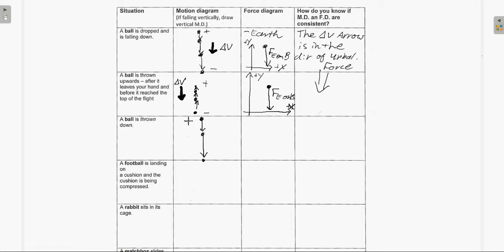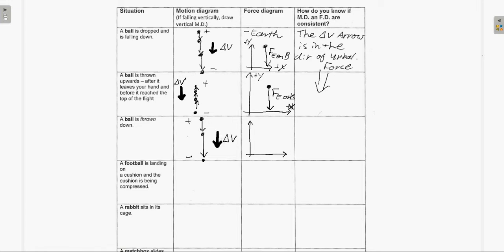Make this negative, positive, make this negative, and then delta V once again is in the negative direction. Now it depends on when in this diagram we decide to start looking at the ball. I'm going to assume that the ball is not in your hand anymore.